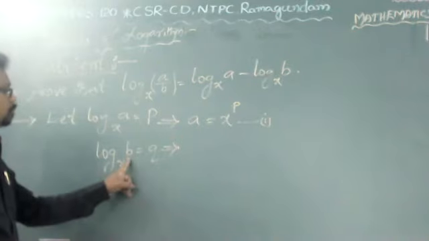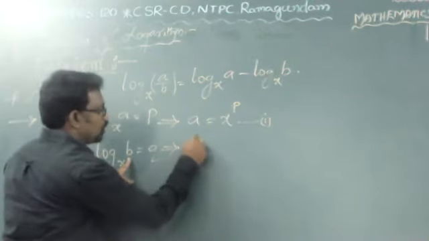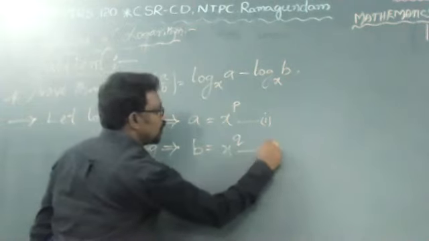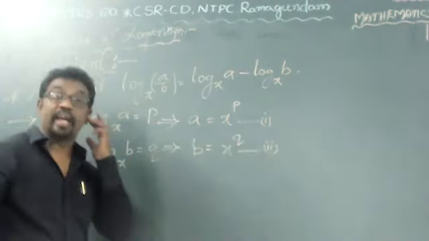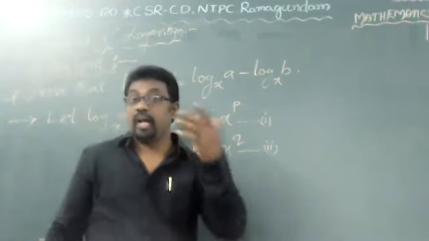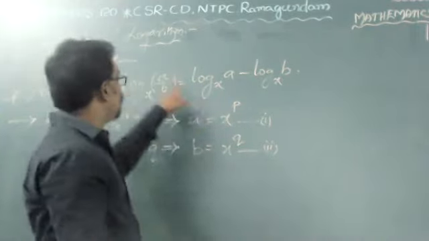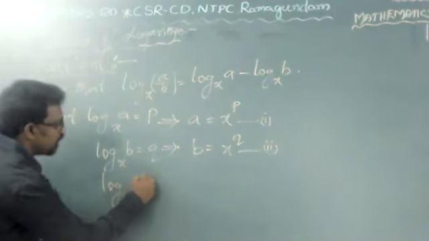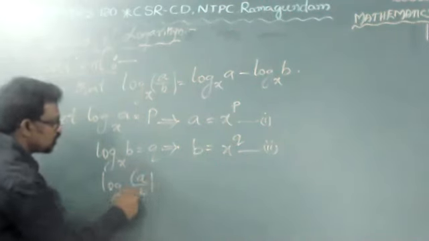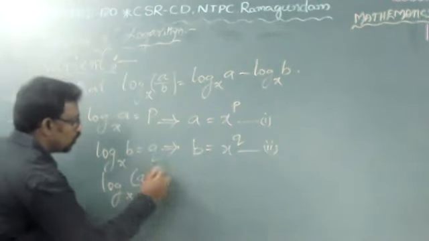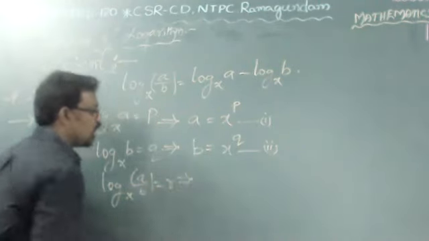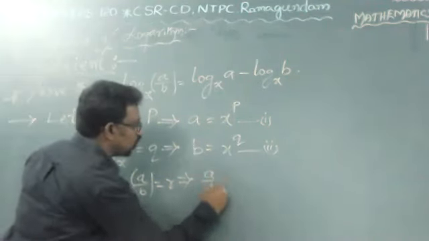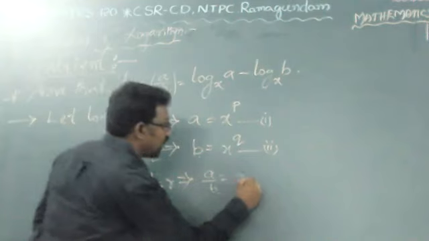B is equal to x power q. Same like that, the third one also we will go with LHS. That is the third term, log A by B to the base x is equal to r. That implies A by B is equal to x power r.